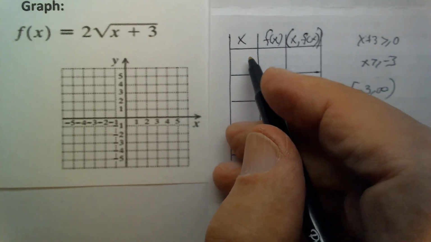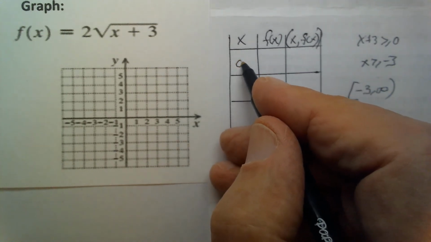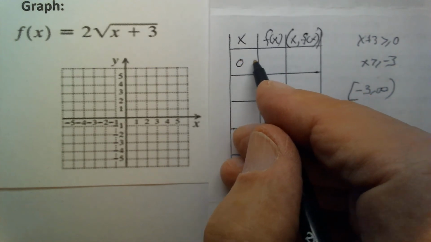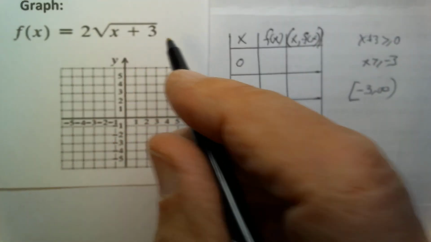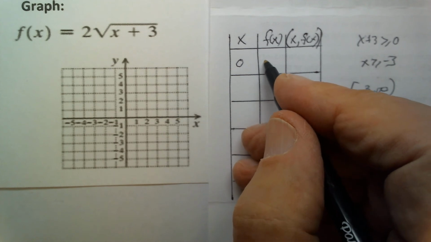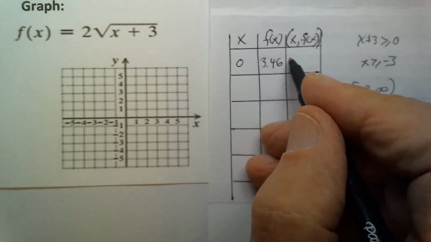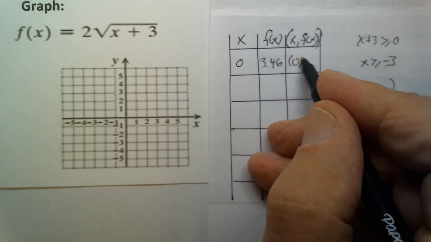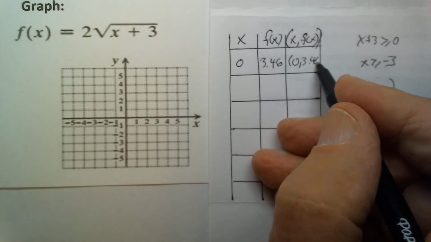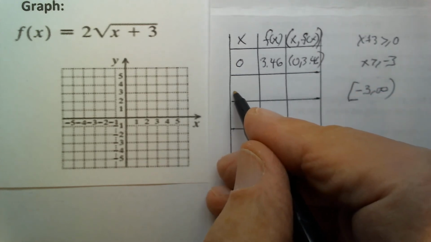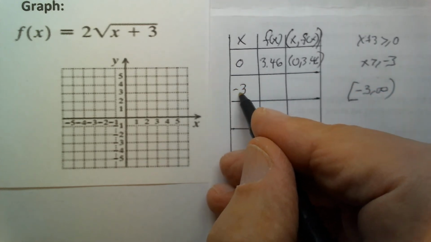We can choose x to equal 0. Then f of x is equal to 2 times the square root of 3, which is approximately 3.46. So we have the ordered pair 0, 3.46. Then we can let x equal negative 3.